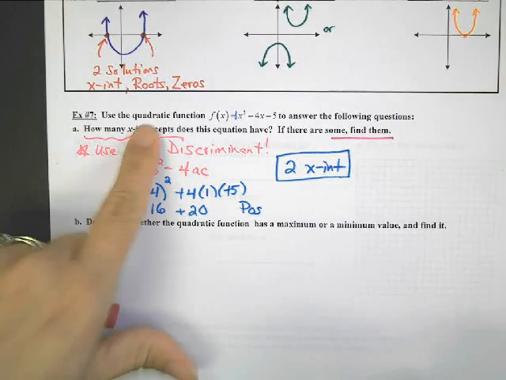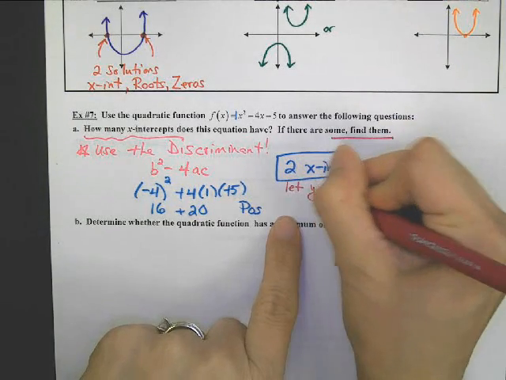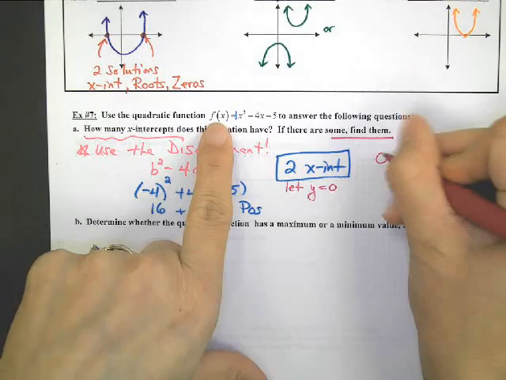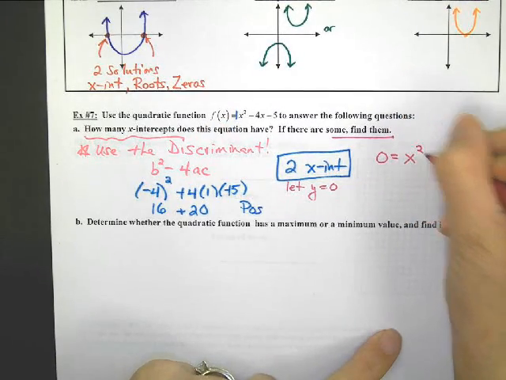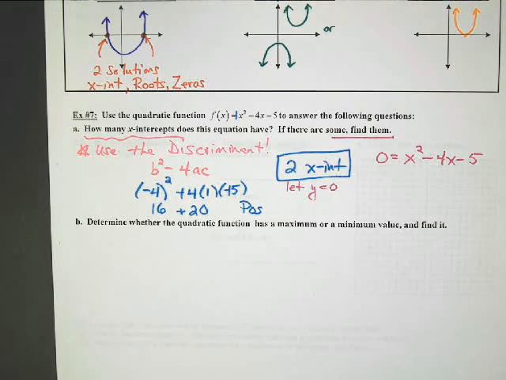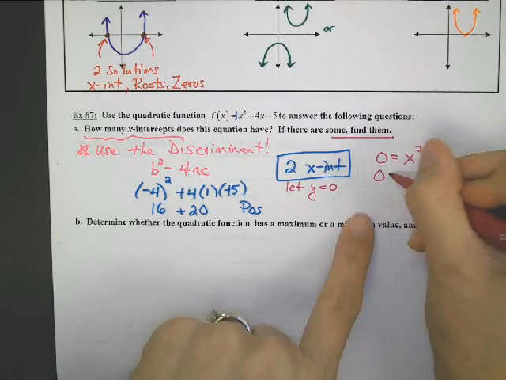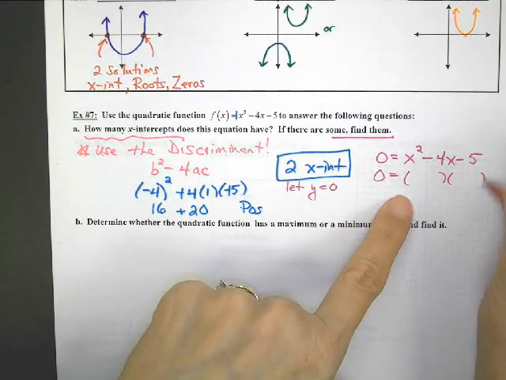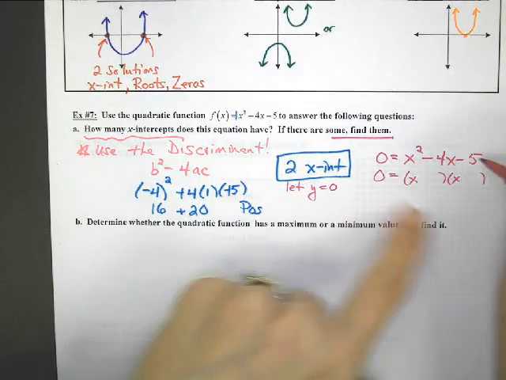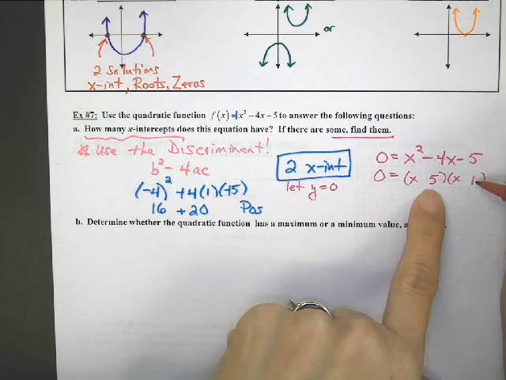How are you going to find x-intercepts? Okay, you're going to let y equal 0. So 0 equals x squared minus 4x minus 5. So this seems like they want me to do a factoring problem. Everything's over to one side. X is positive. X times x is x squared. The only way to make a 5 is if I do 5 times 1.